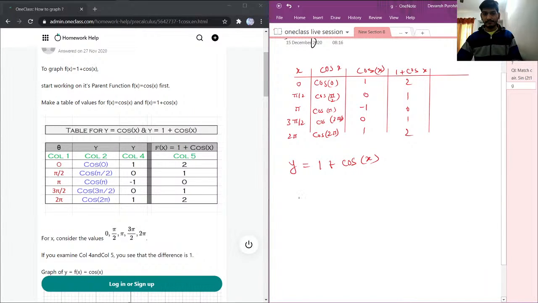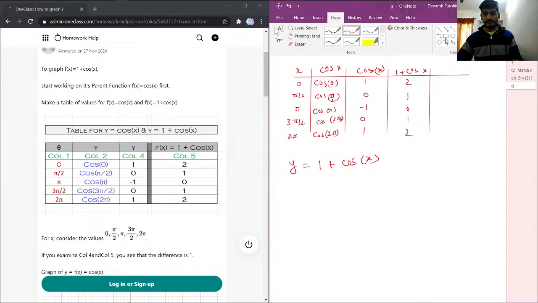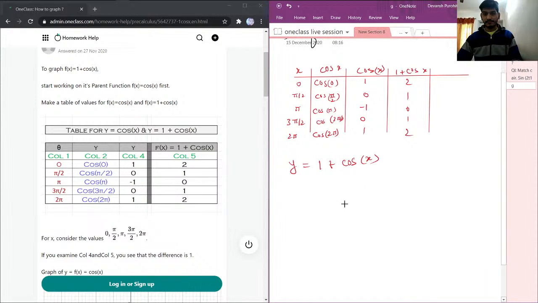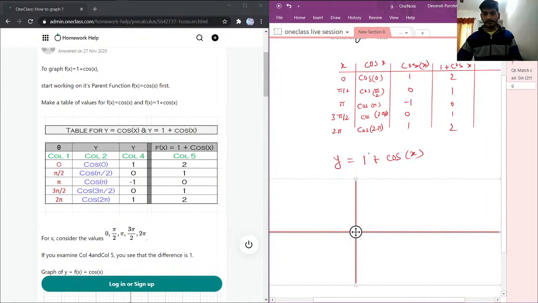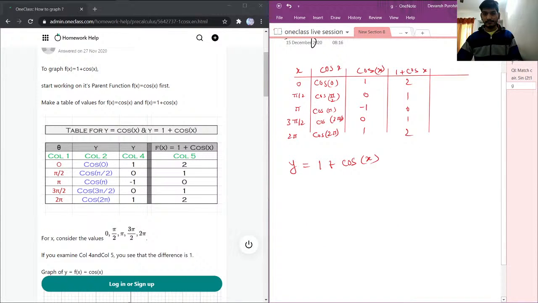So for cosine we have a graph. I'll go for another positive quadrant.